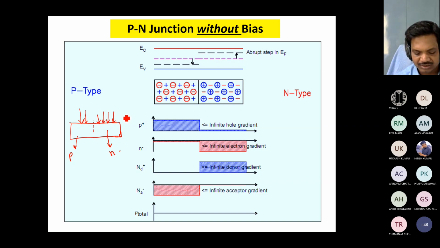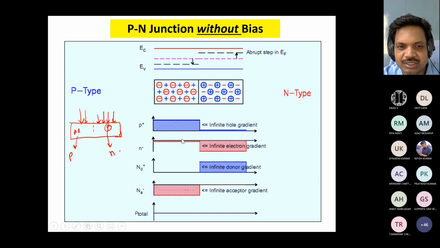Here aluminum or boron, atoms from group 3 of the periodic table, are deposited, and on this side atoms from group 5 are deposited. These are done by using some ion implantation method or thermal evaporation deposition method. Different methods are followed there.